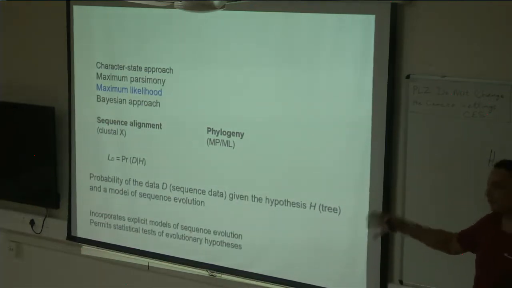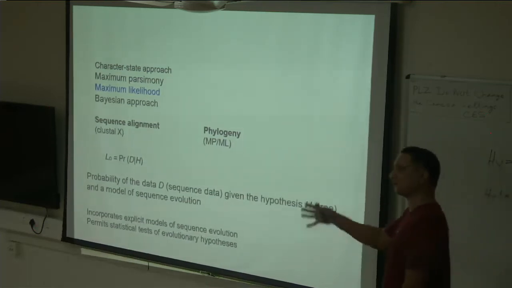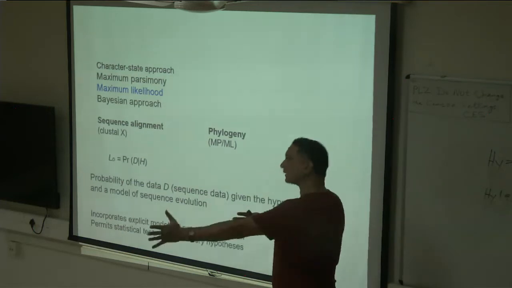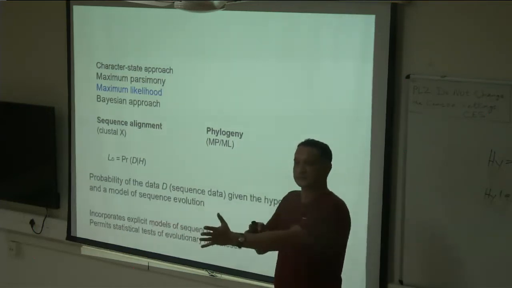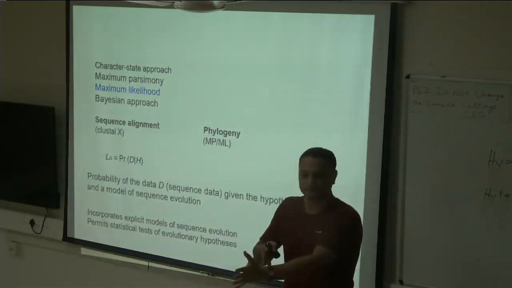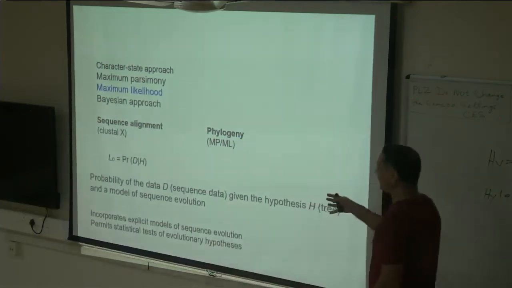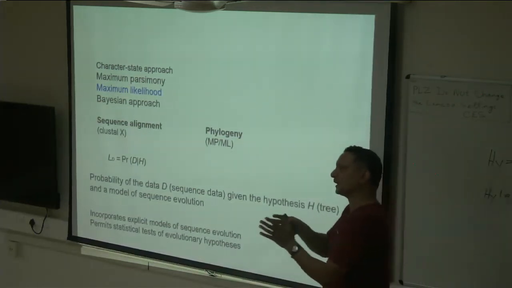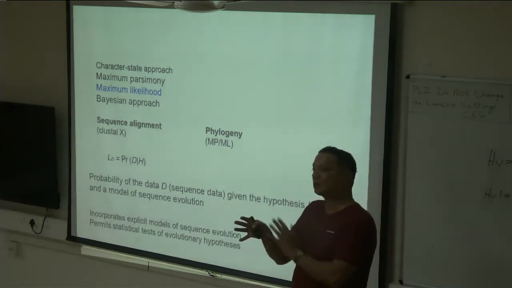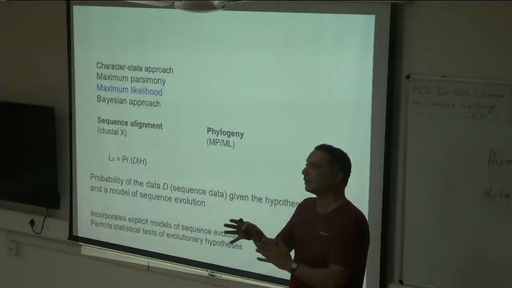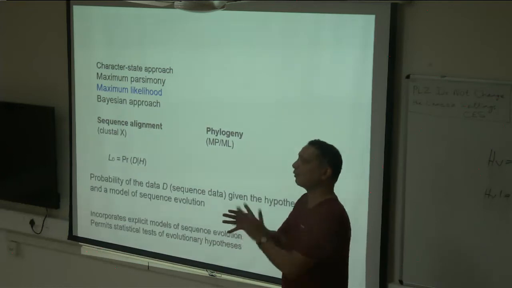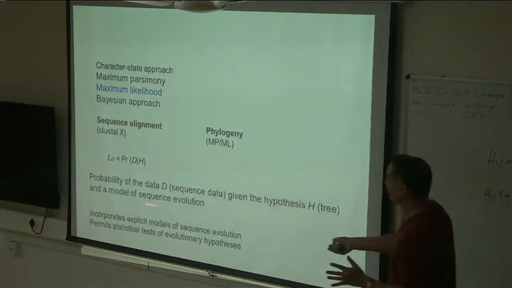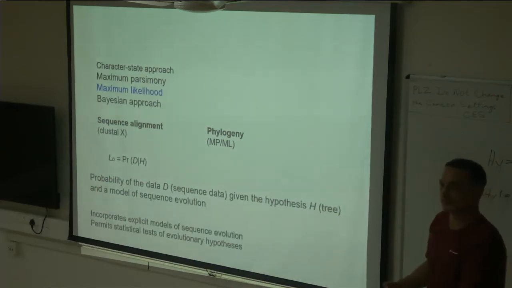So you look at different trees and pick the tree which is most likely to generate the sequences that you have, right? And for those sequences to be generated, there has to be a model of sequence evolution that tells you how these sequences are evolving over the tree, right? So that's why you have a model of sequence evolution here.